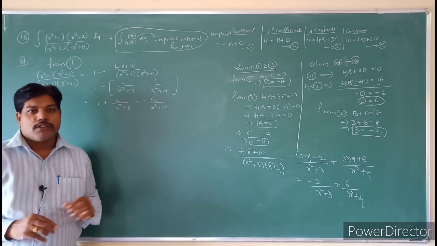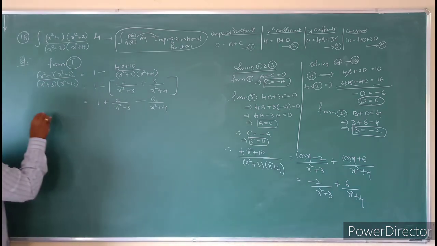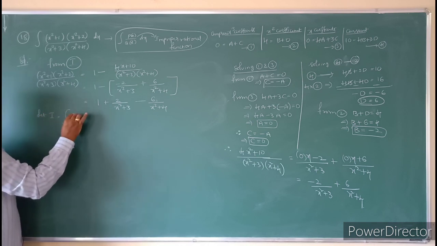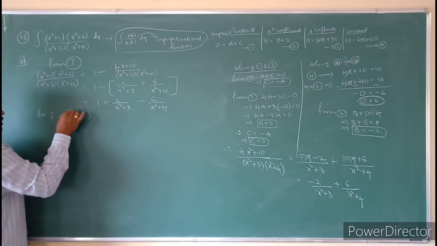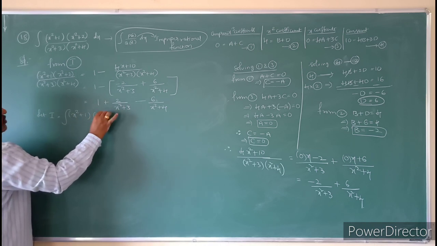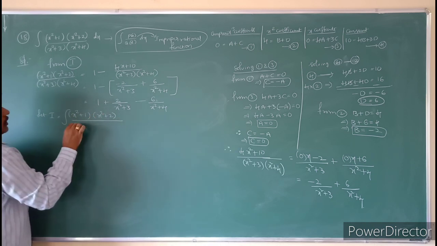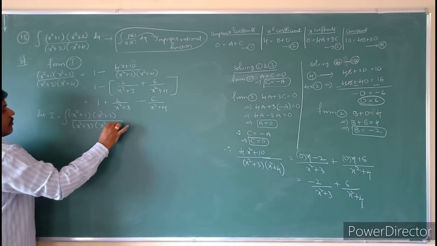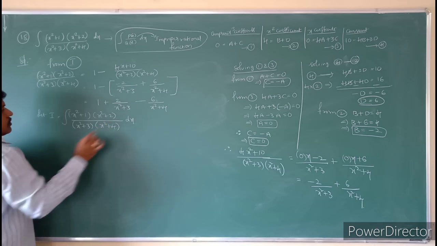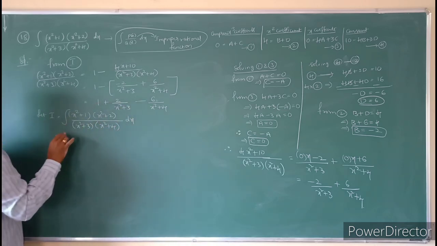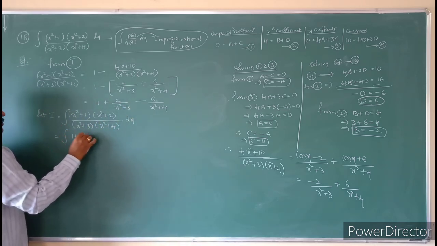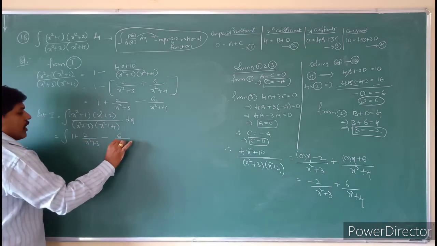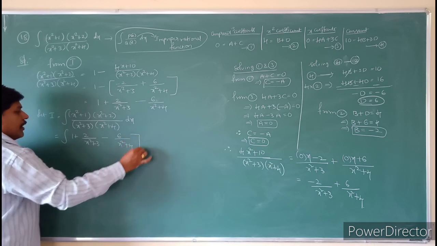After getting these partial fractions, take the problem as I. Let I be equal to the integral of (x square plus 1) into (x square plus 2) by (x square plus 3) into (x square plus 4) into dx. This can be written as the integral of 1 plus 2 by x square plus 3 minus 6 by x square plus 4 into dx.